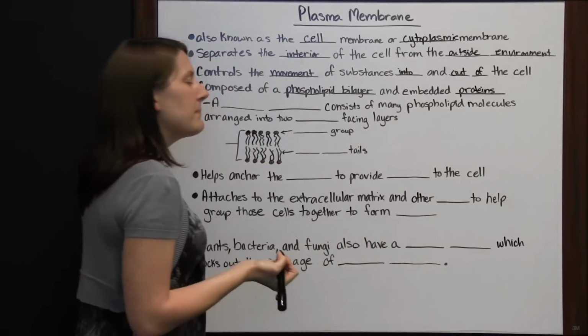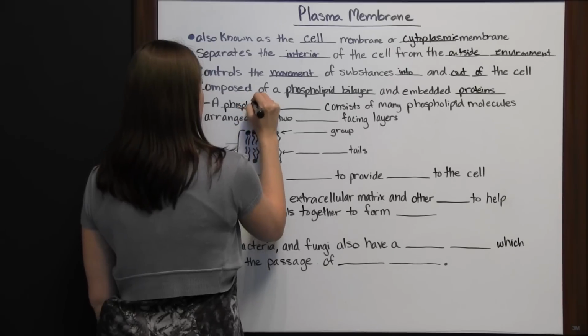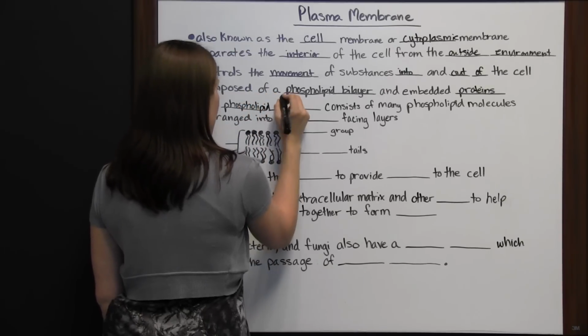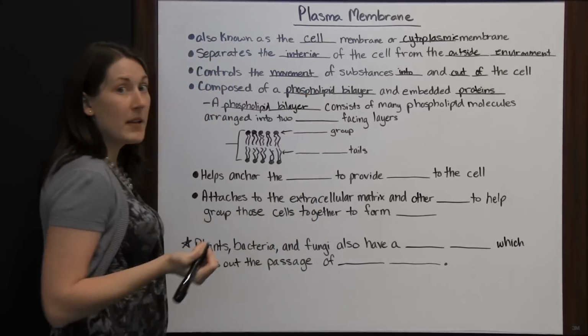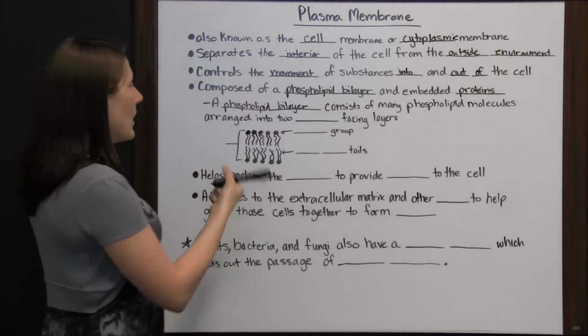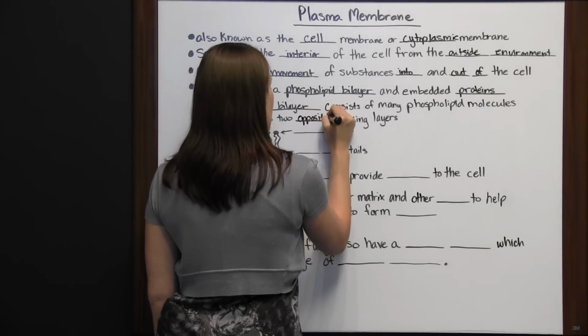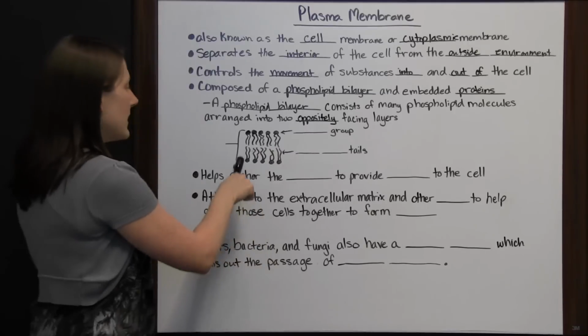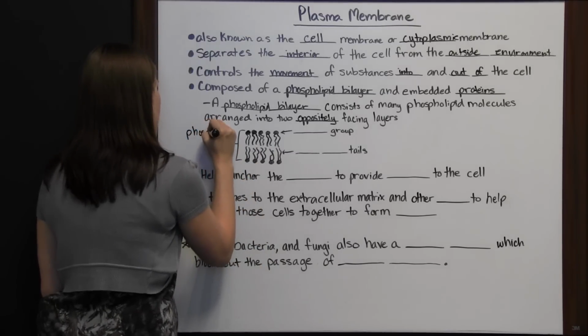Now, a phospholipid bilayer you may not have heard of before. So, let's describe it. The phospholipid bilayer consists of many phospholipid molecules arranged into two oppositely facing layers. So this thing here would be your phospholipid bilayer.